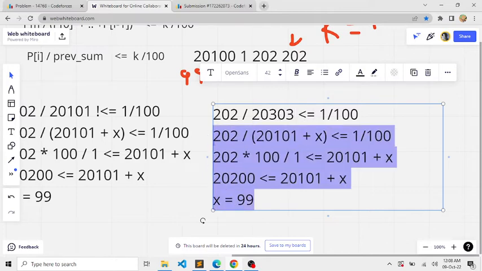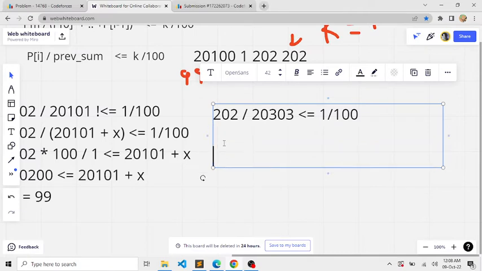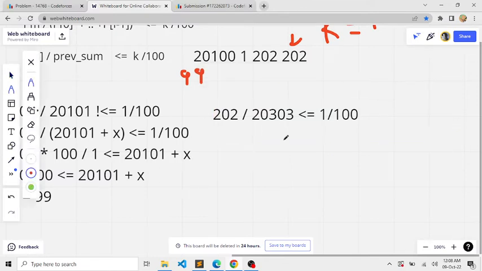Now if we try to evaluate this equation, we can see that the LHS would be lesser than the RHS, and this condition would be satisfied. So we don't need to add anything in order to make this condition true, as this is already true.